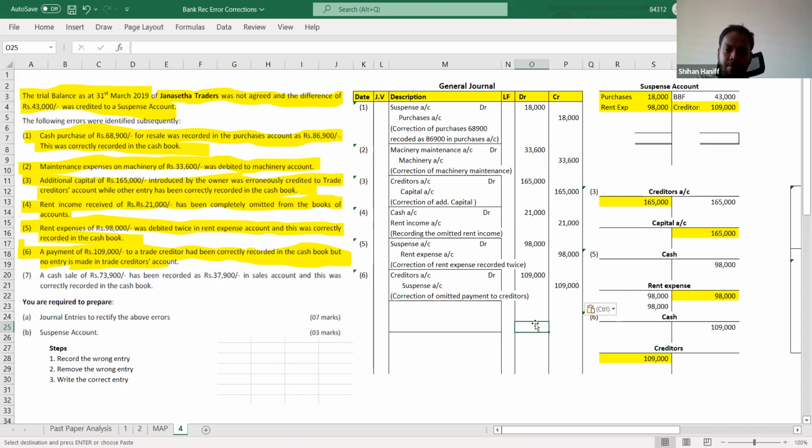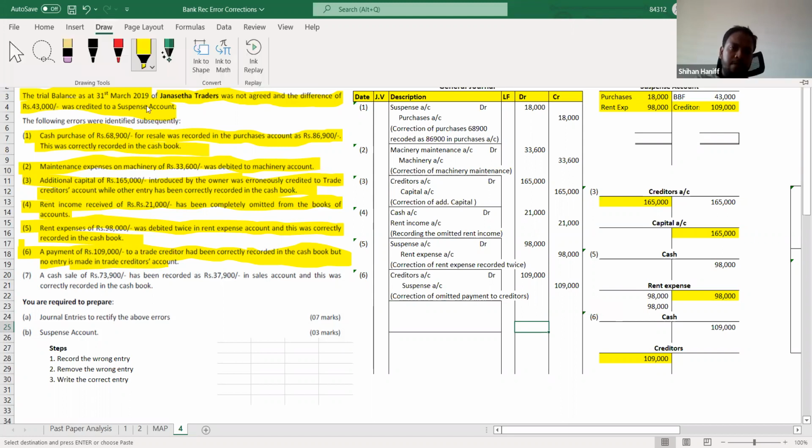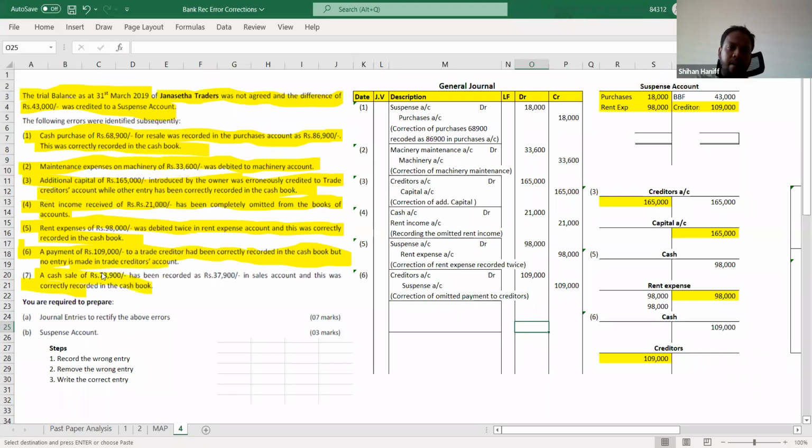In the last one, number 7. A cash sale of 73,900 has been recorded as 37,900 in the sales account, and this was correctly recorded in the cash book.